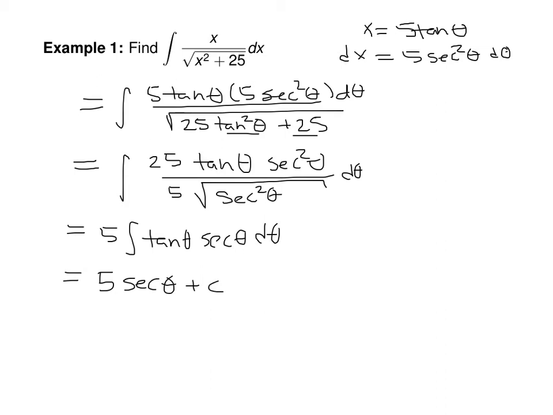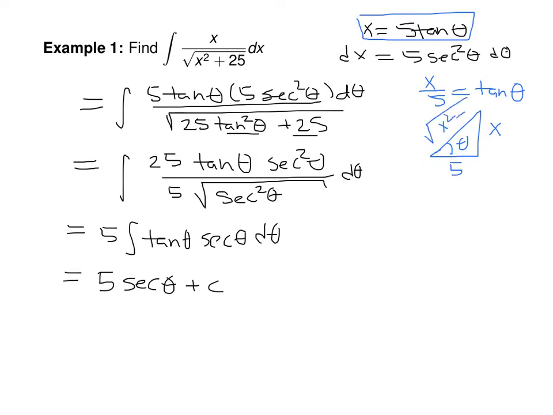And then, going back to the original substitution, we know that x over 5 equals tangent of theta. So in our triangle, we know that if this is theta, the opposite side is x, the adjacent side is 5, the hypotenuse is root x squared plus 25, and secant of theta is hypotenuse over adjacent.